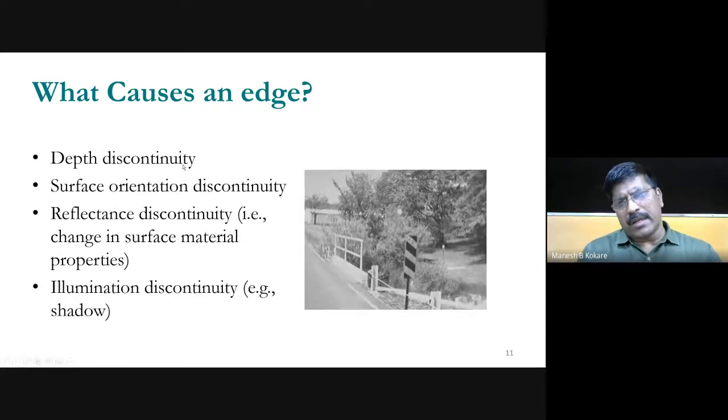Now look at this one. Basically, if you see the image, how can we detect the edges? For example, if there is a depth discontinuity, if this board is there, then there will be a change in intensity values, and that will cause the edge.